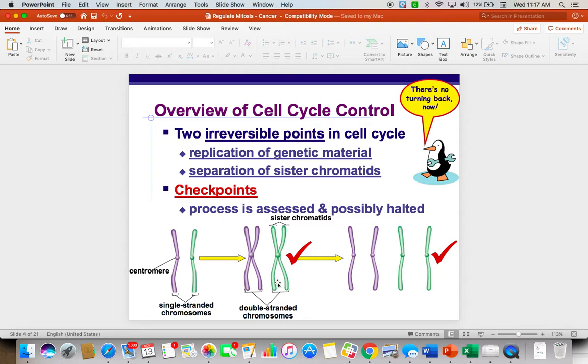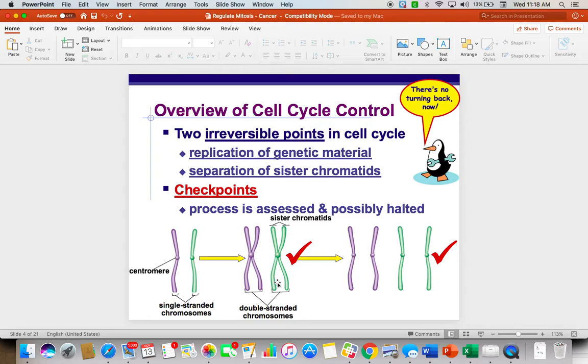Our school building has checkpoints, so people from the street cannot come in unless they have the badge or special key card that's going to let them in. When the cell gets to a checkpoint, it is either stopped from going forward, or it's allowed to go forward. There are several different ones that we're going to look at.